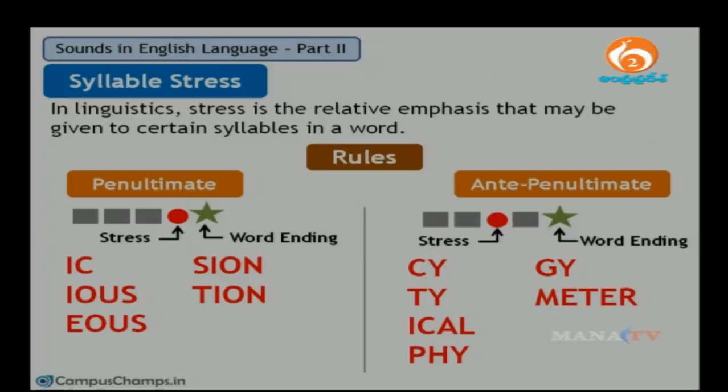Please do remember why syllable and syllable stress is important, because if you do not stress at the right syllable in a word, it can lead to misunderstanding as well. So if you want to be a great communicator, if you want to pronounce the words accurately, you need to focus a lot on syllable and syllable stress.